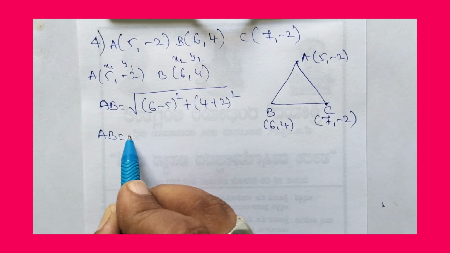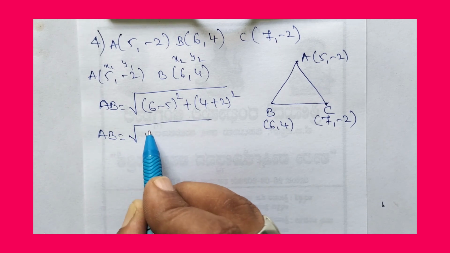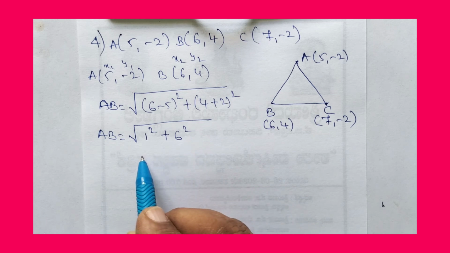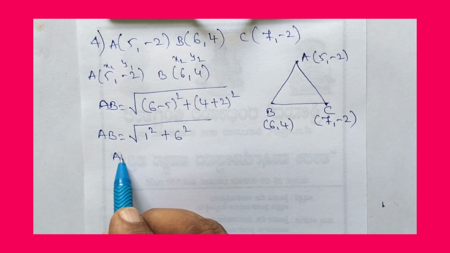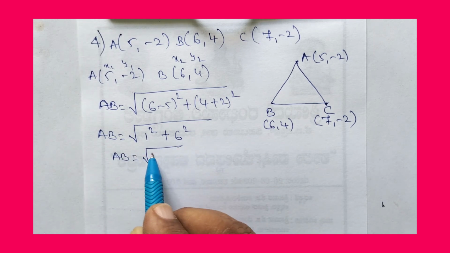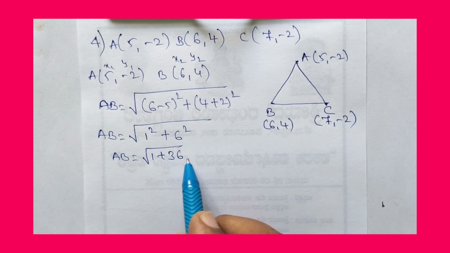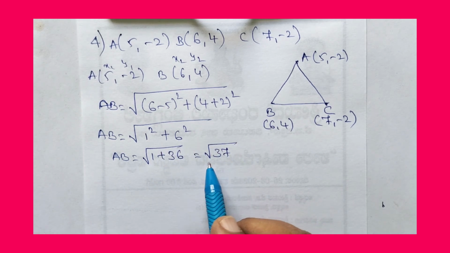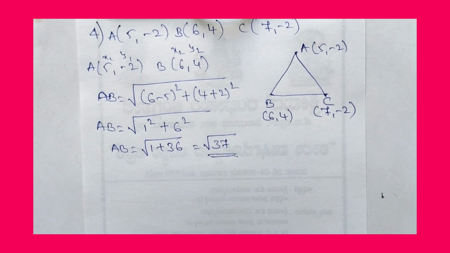AB is equal to square root of 1 squared plus 6 squared, which is square root of 1 plus 36, that is equal to square root of 37.